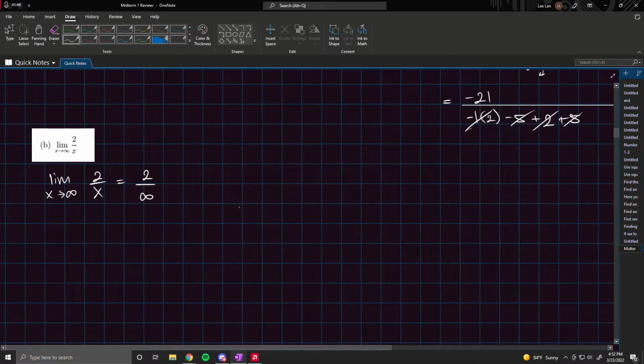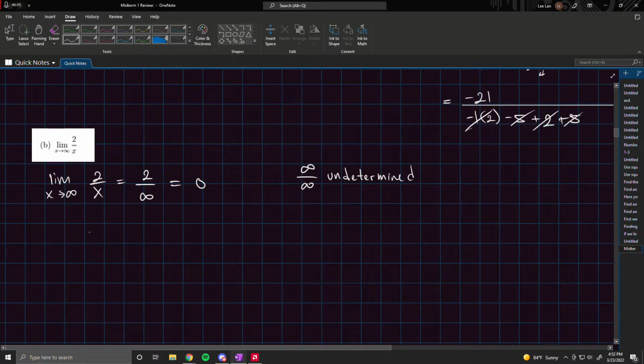So 2 over infinity is 0. Anything over infinity is 0 actually. Anything except for infinity over infinity, which is undetermined. But in this case, it's just 2 over infinity.